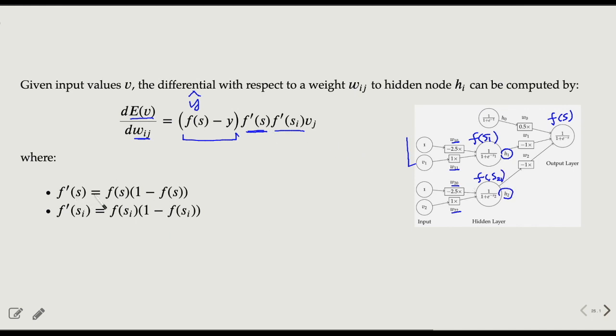The derivative of F(S) in general can be computed by F(S) times 1 minus F(S). Likewise, F prime(Si) can be computed by F(Si) times 1 minus F(Si). So we can compute all these values without problem.